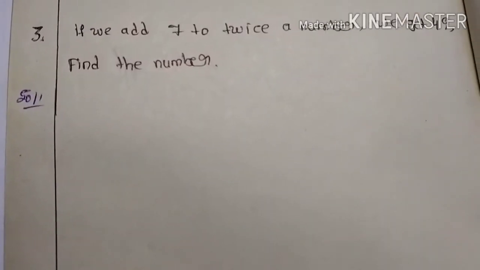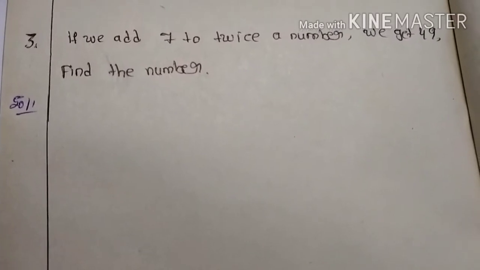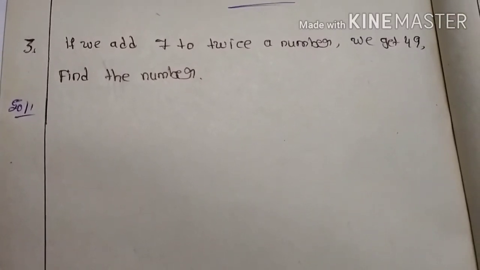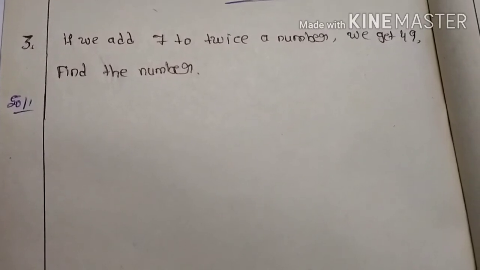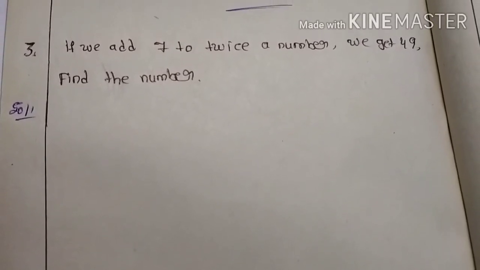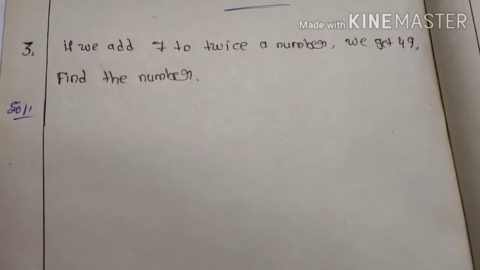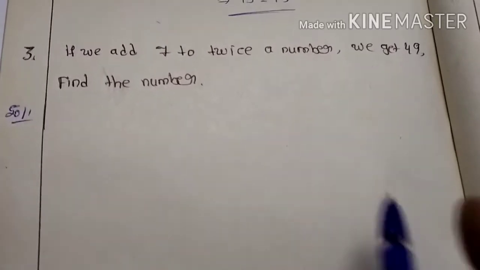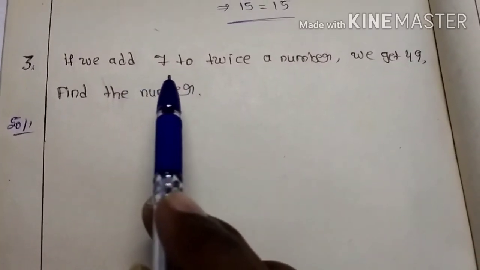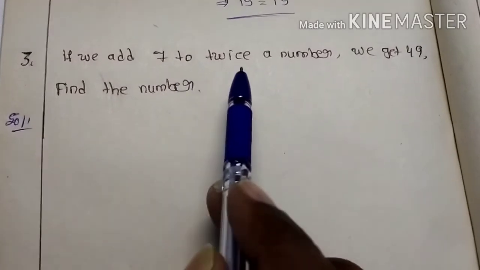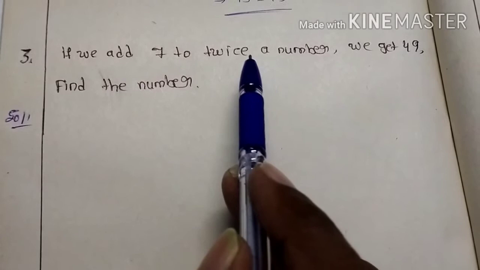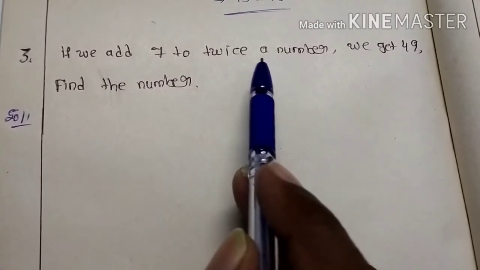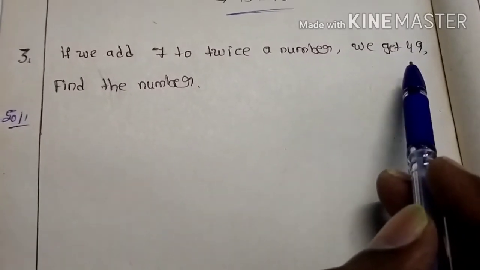See here, third question. If we add 7 to twice a number, we get 49. Find the number. We don't know that number. Once again, read the question and try to understand it carefully. If we add 7 to twice a number, that means 2 times that number, we get 49.